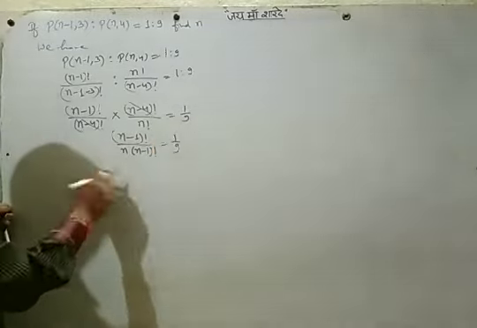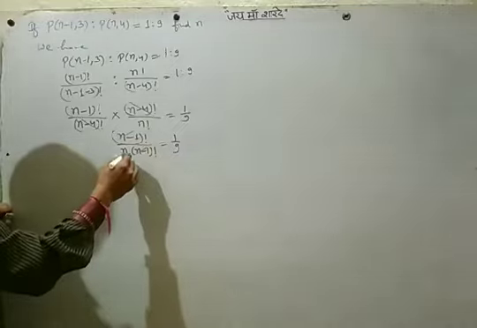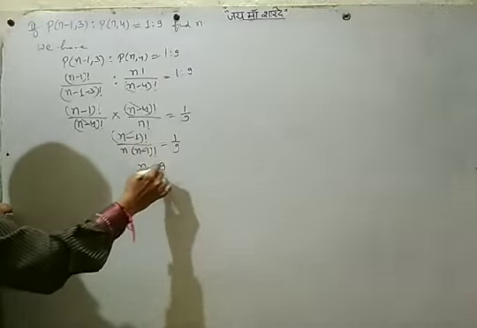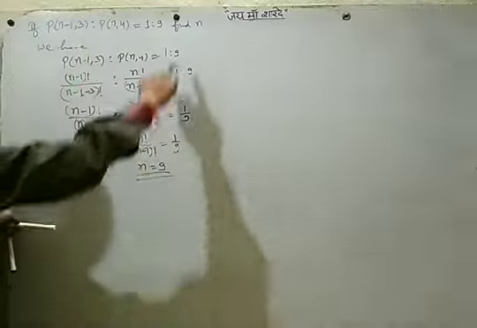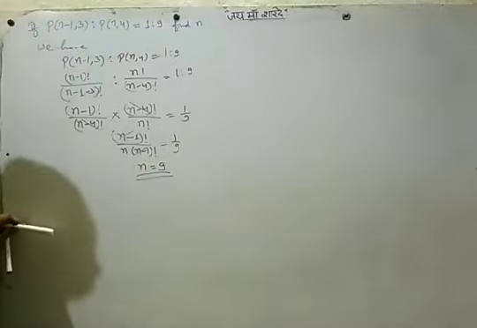Then n minus 1 factorial cancels out, and cross multiplication will give you n equal to 9. So if this is equal to 1:9, then the value of n will be 9.